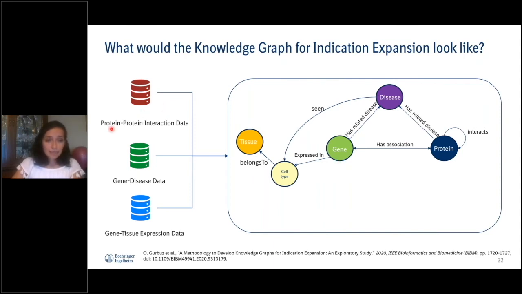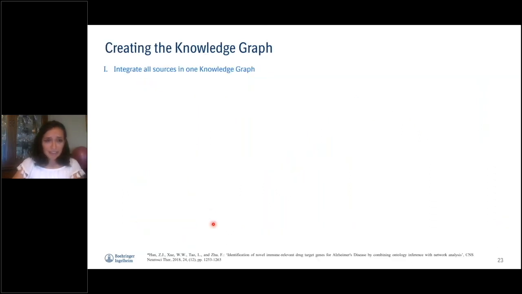We had protein interaction data, gene-disease data, and gene-tissue expression data. We built this ontology and populated it using these databases. So we integrated all these sources in one knowledge graph.